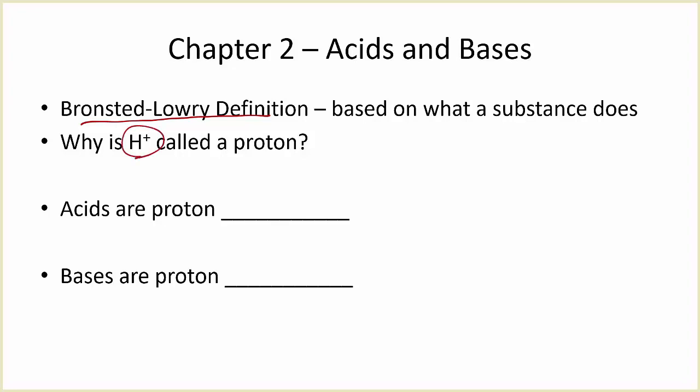It's got this name because if you think about the Lewis dot structure for hydrogen and remove the electron from it, you have H plus. So what is H plus? That's just the nucleus of hydrogen, a single proton.